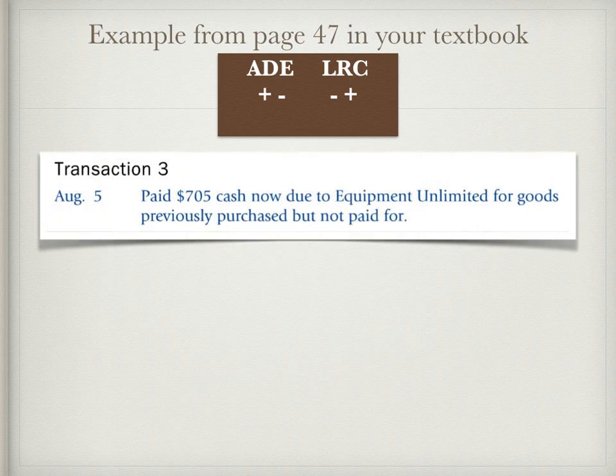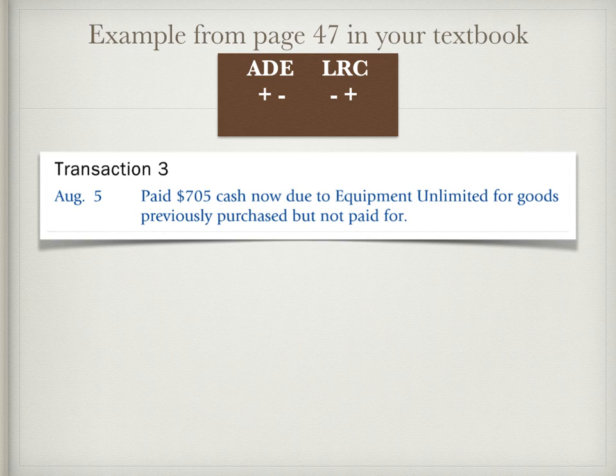Transaction 3. On August the 5th, we paid $705 cash, now due to Equipment Unlimited for goods previously purchased but not paid for.